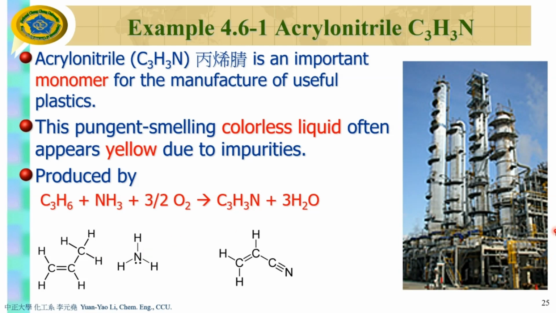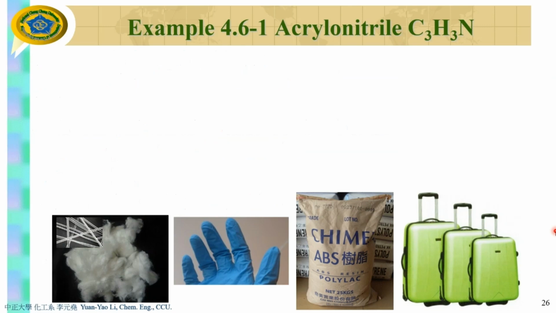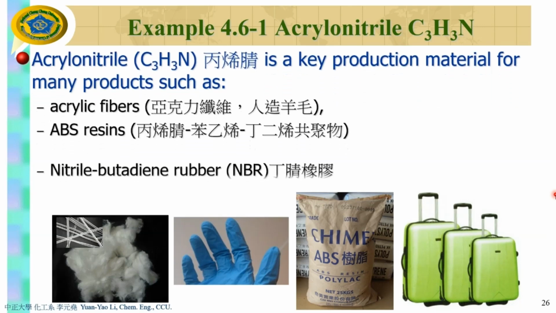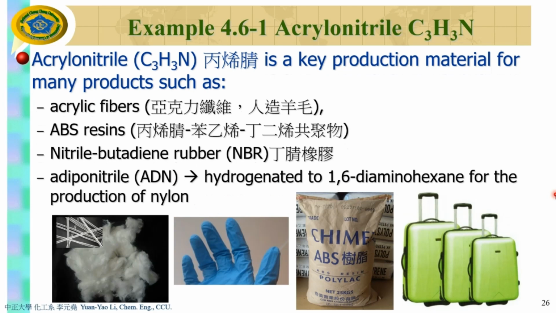Before we talk about this topic, this acrylonitrile is a key raw material for many products. These are the products we want to make. This is just for your information.